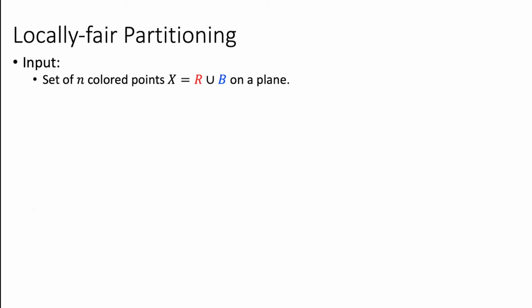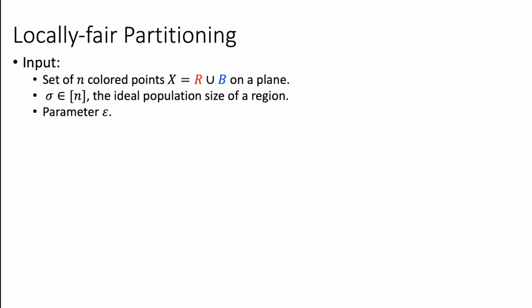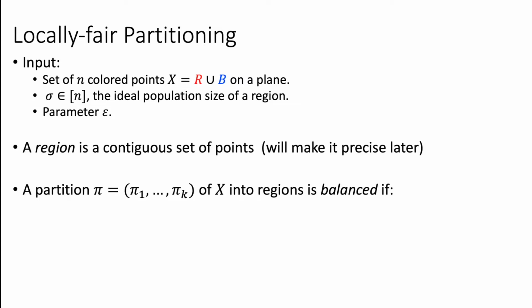So the input to the problem is a set of n points, which are colored red and blue on a plane. And we have a number sigma, which is the ideal population size of a region. And we have a parameter epsilon, which is how much you can deviate from this ideal population size. And a region is simply a contiguous set of points. I'll make this precise later.